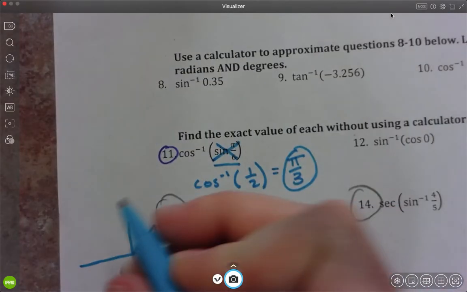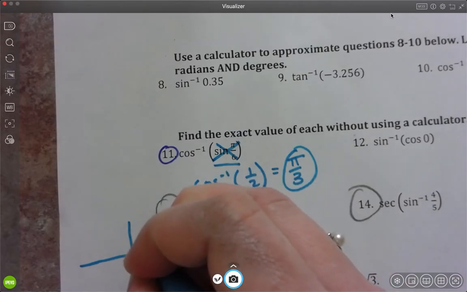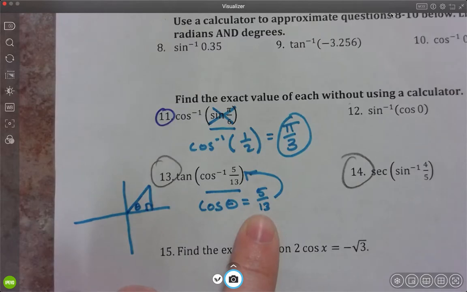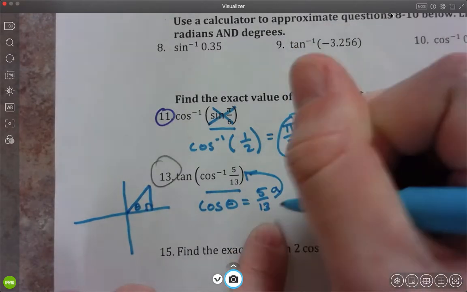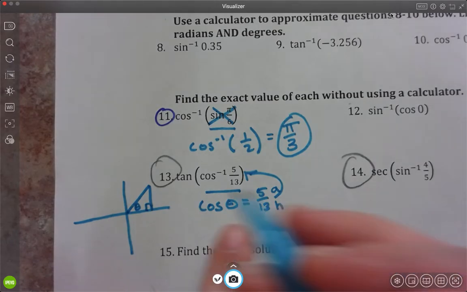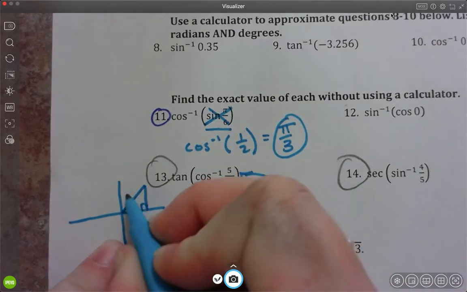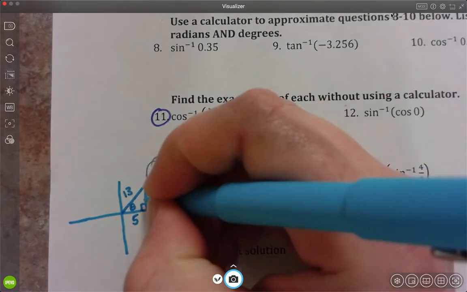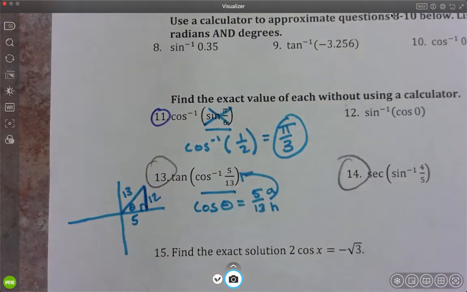Angle theta is going to be this guy right here, and I know that his cosine is 5 over 13. That means the adjacent side is 5, and the hypotenuse is 13. Cosine is adjacent over hypotenuse. This side right here, if you do the Pythagorean theorem, or you should probably know this one by now, should be 12.